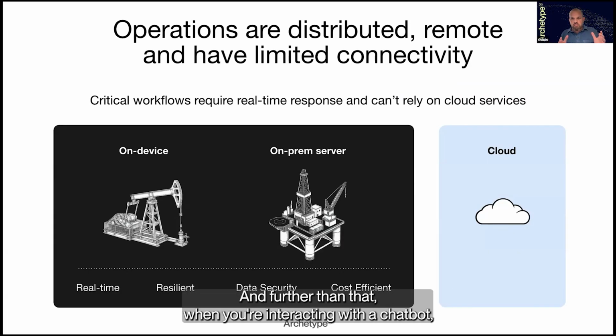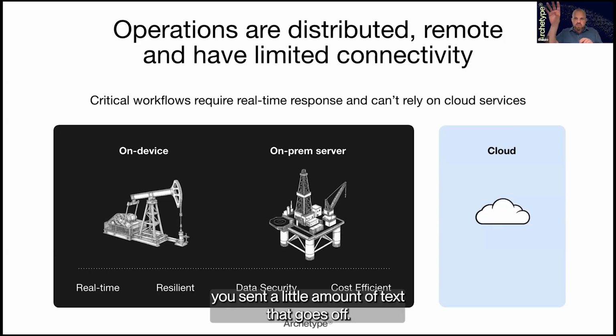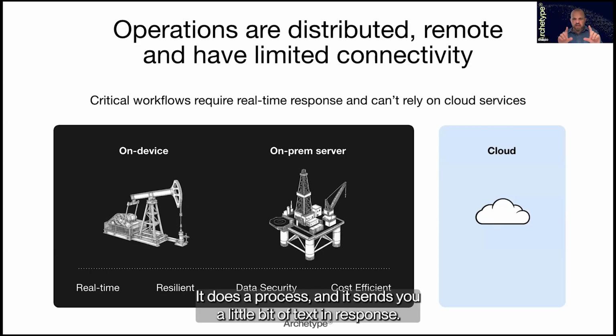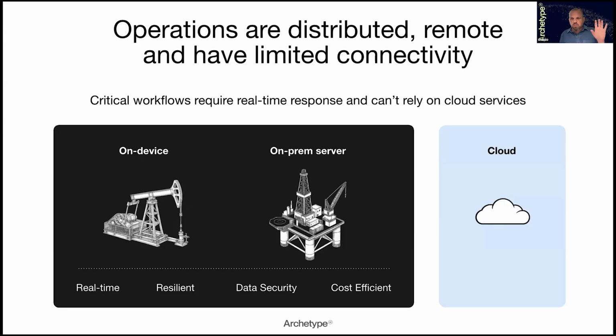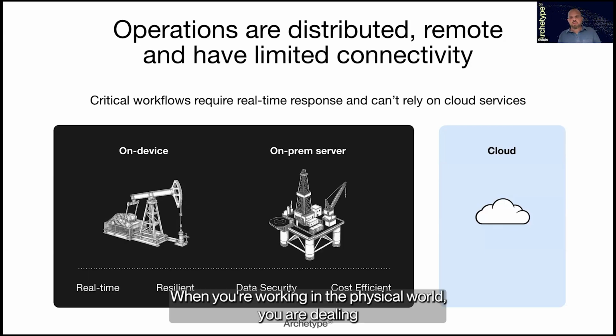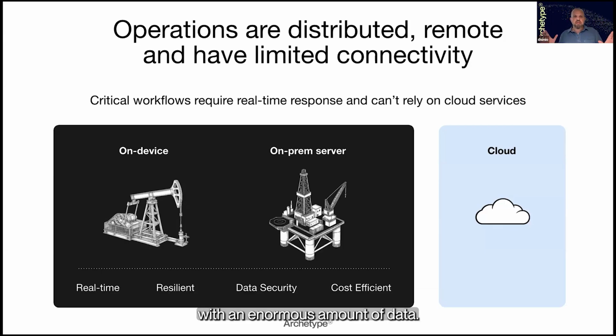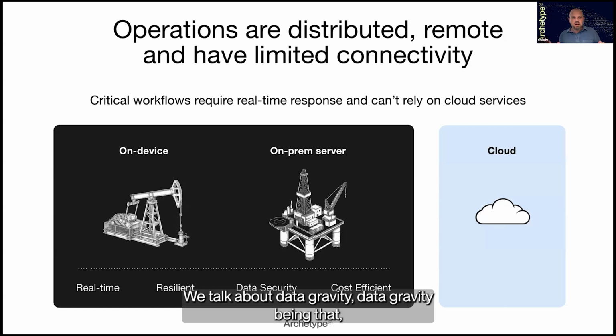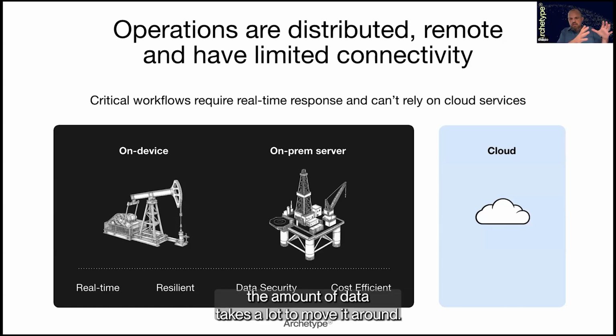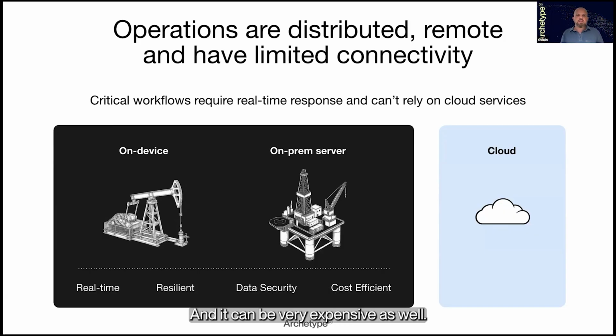And further than that, when you're interacting with a chatbot, you send a little amount of text, it goes off, it does a process, and it sends you a little bit of text in response. When you're working in the physical world, you are dealing with an enormous amount of data. We talk about data gravity being that the amount of data takes a lot to move it around, and it can be very expensive as well.